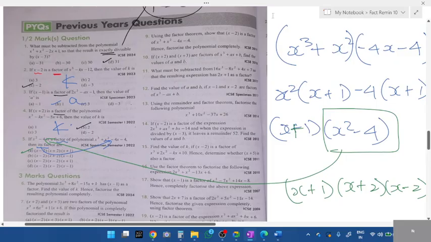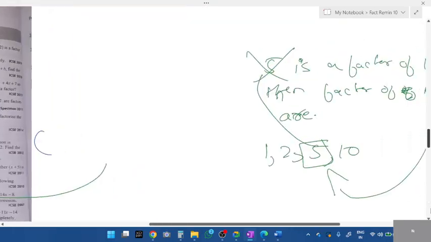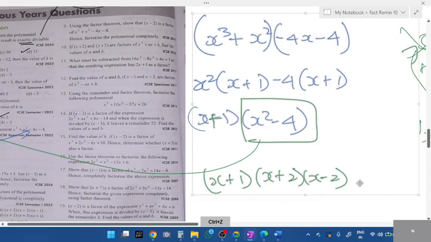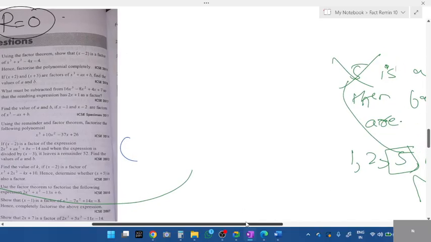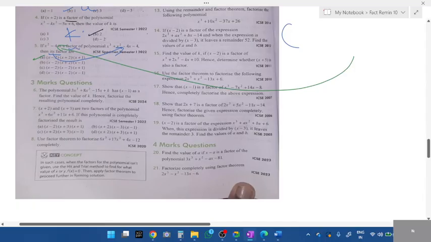Shall we solve a 3 marks question? 4 marks. Next. Next one. 2024.